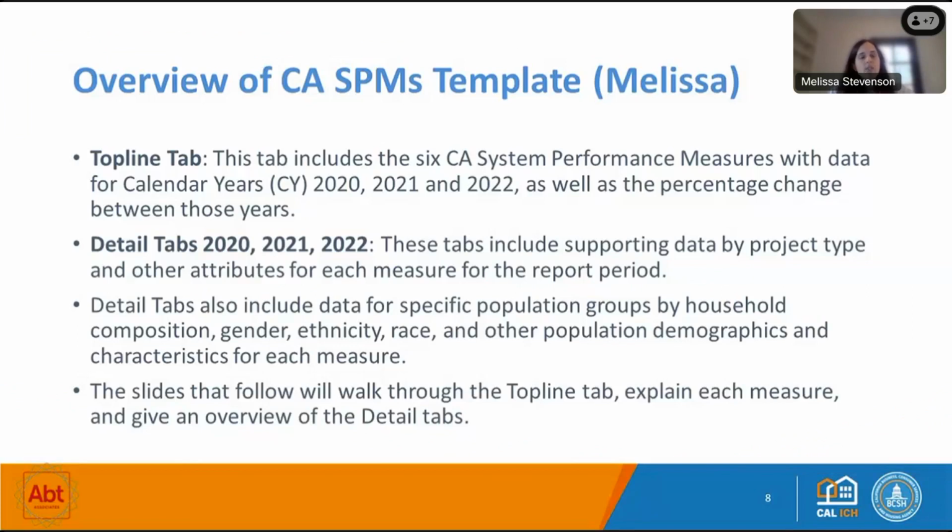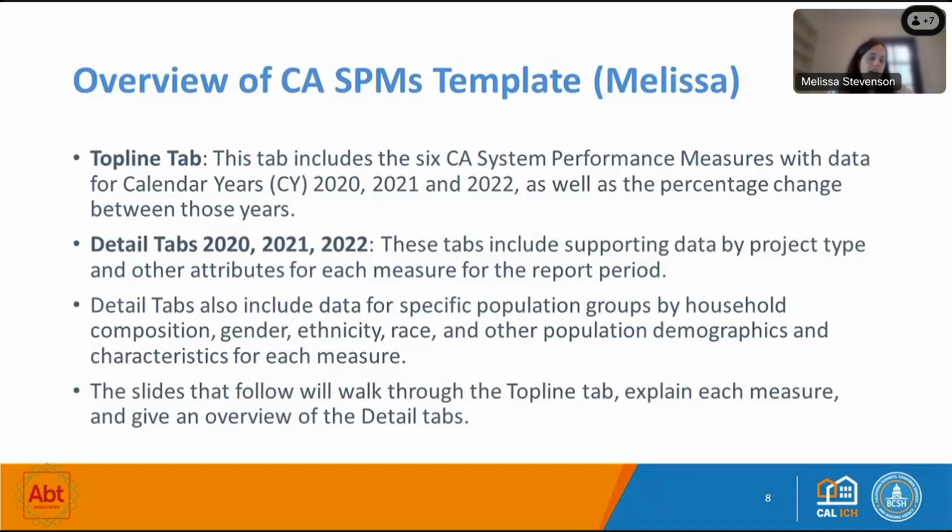So those 6 measures that Amber mentioned on an earlier slide, you'll see on that top line tab data for calendar years 2020, 2021, and 2022. So you'll be able to compare across those 3 years, and you'll also see the percentage change between those years as well. So you can use that to track your progress towards those SPMs.